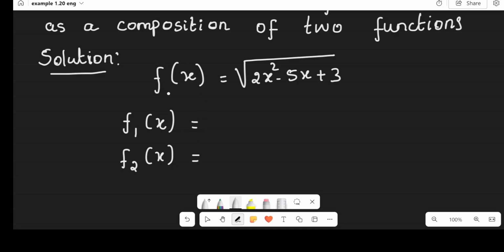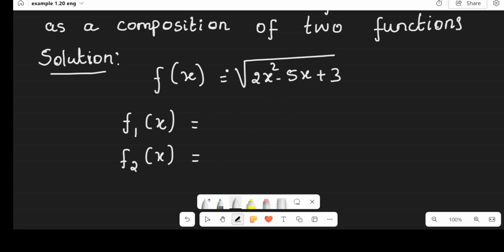Because we have only f of x. We are going to split this composition into two functions. F of x is given, so I am taking two functions, one is f1 of x and another one is f2 of x. So we need to find out the value of f1 of x and f2 of x.